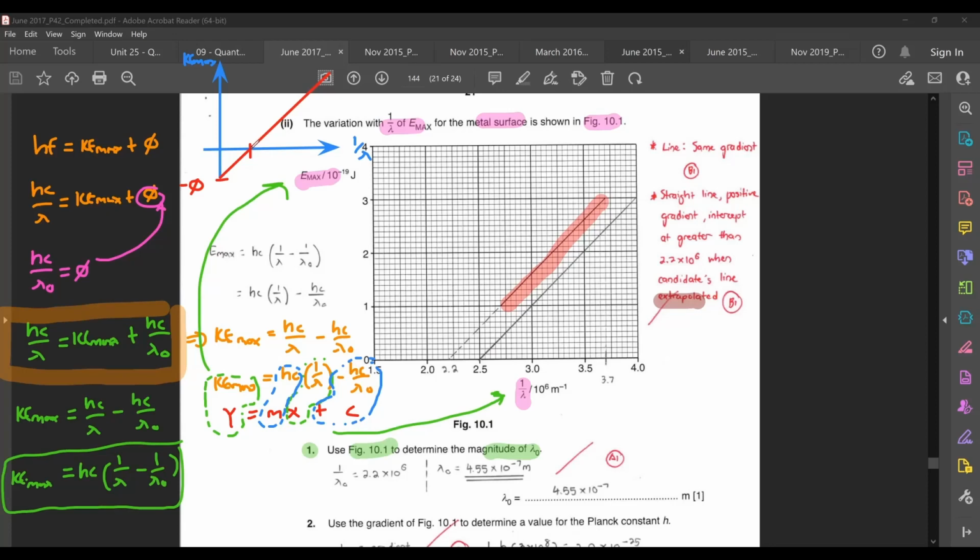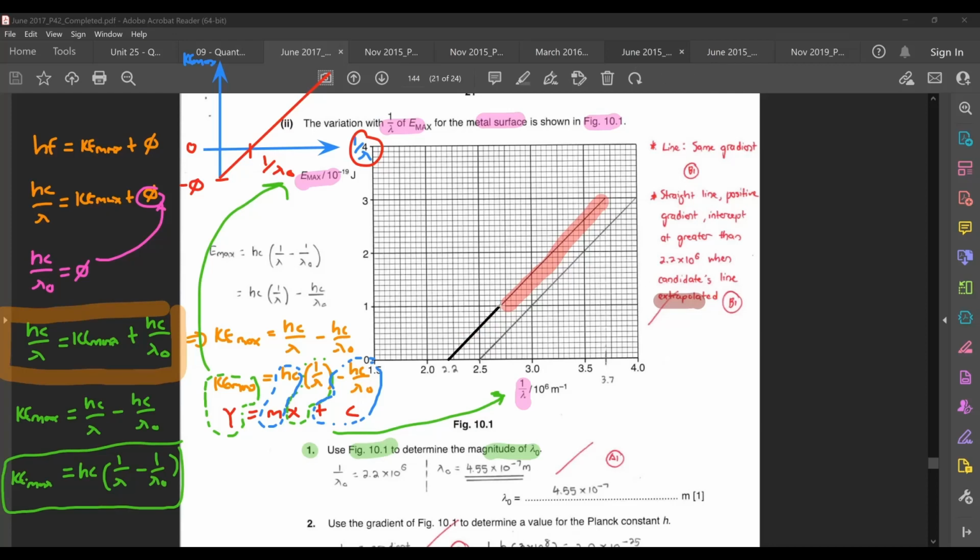The x-intercept is your 1 over lambda naught. It's 1 over lambda naught because your axis is 1 over lambda. You get lambda naught when your KE value is 0. Remember what I said just now? What you just need to do is that existing line that you have in your graph, just draw another separate line following the original line.